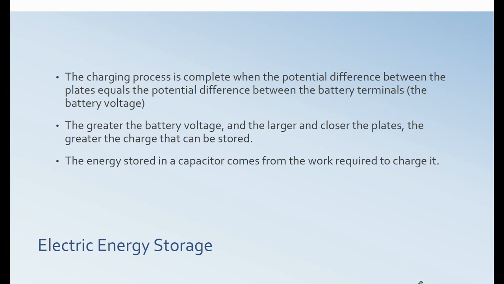If you hooked up a 1.5 volt battery to your capacitor, well, you could get 1.5 volts stored. If you hooked up a 9-volt battery to your capacitor, well, you'd get even more voltage stored. The energy stored in the capacitor comes from the work that was done by the battery required to charge it, the work moving those electrons from one place to the other.